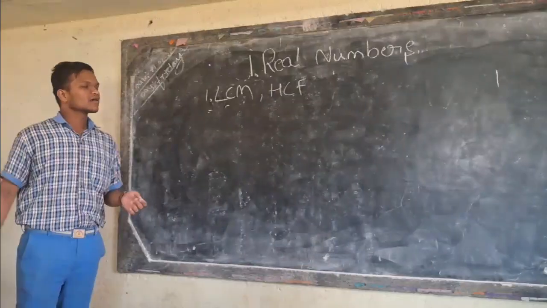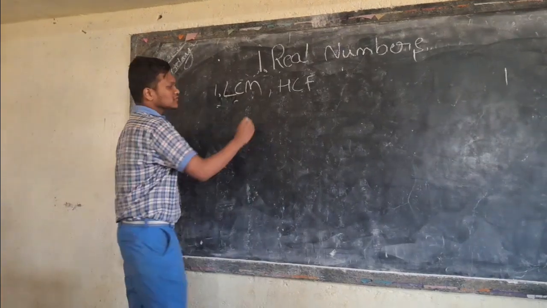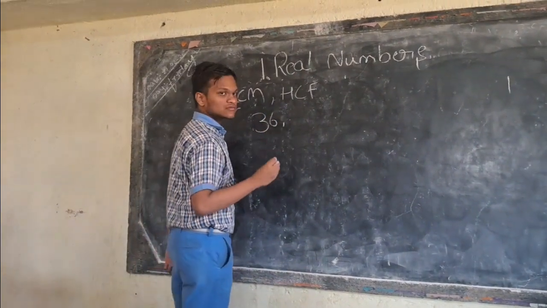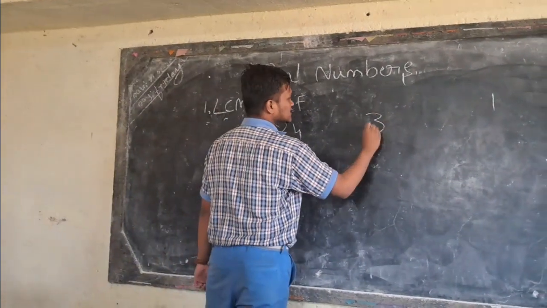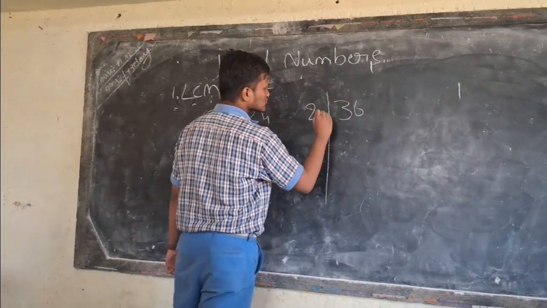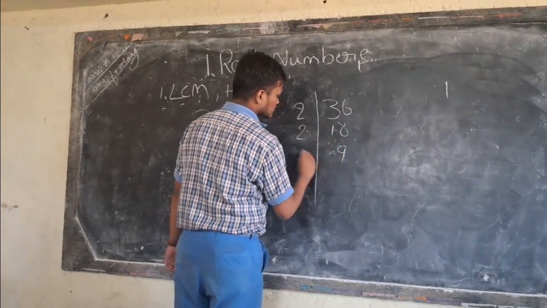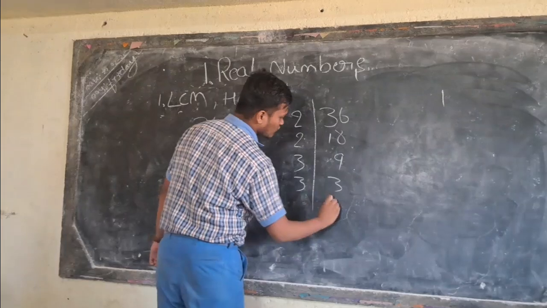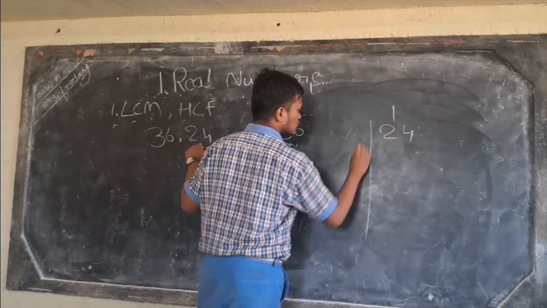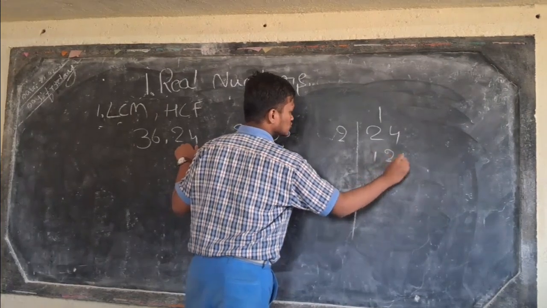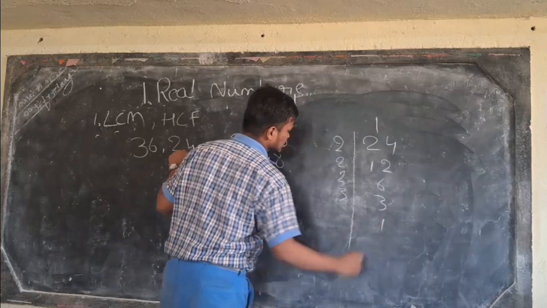Let's take the other example. 36 and 24. So factors of 36: 2 ones are 2, 2 eighteens are 36, 2 nines are 18, 3 threes are 9, 3 ones are 3. And this is 24: 2 ones are 2, 2 twelves are 24, 2 sixes are 12, 2 threes are 6, 3 ones are 3.